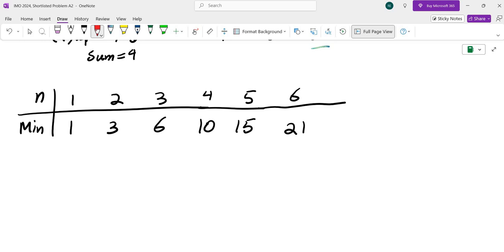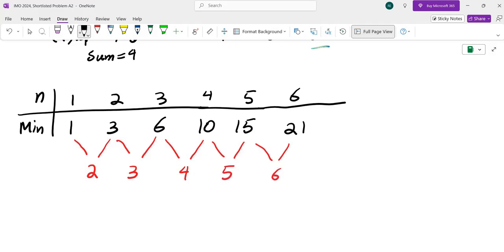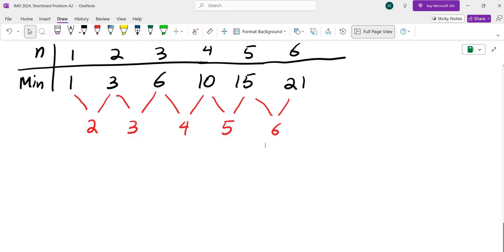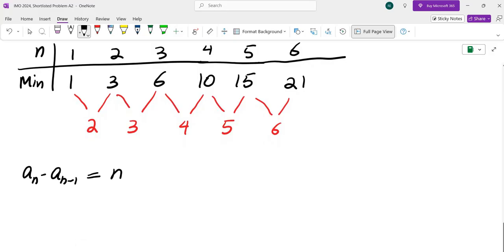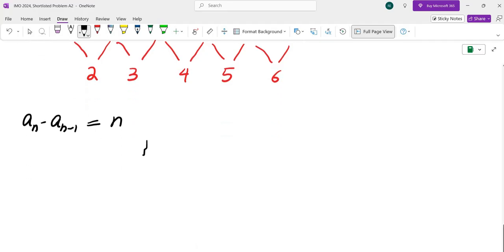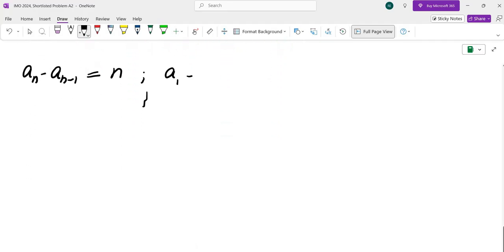In order to figure out what polynomial it is, you can take the consecutive differences and see what the degree of the polynomial is. So this is 2, this is 3, this is 4, this is 5, and this is 6. This doesn't seem to be a coincidence: a_n minus a_(n-1) is equal to n. And of course, I know that a1 is 1.